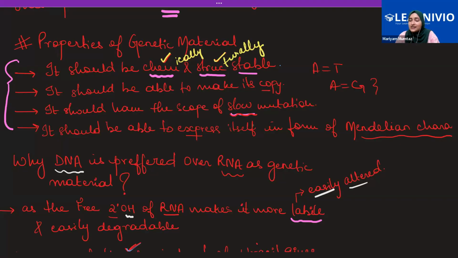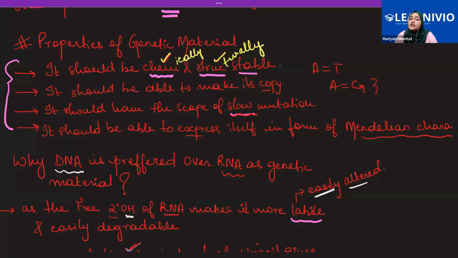So it should be stable, as in, because it gets transmitted from one generation to another, it should not change its chemical structure, or it should not change the way it looks. First point is that. Second, it should be able to make its copies, right? It should be able to make more and more copies of itself.